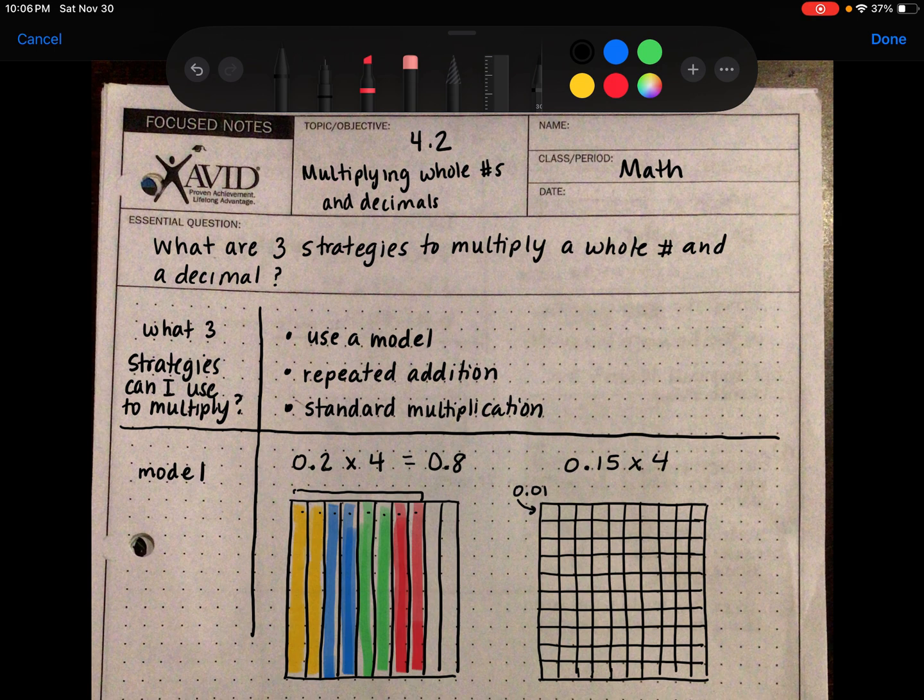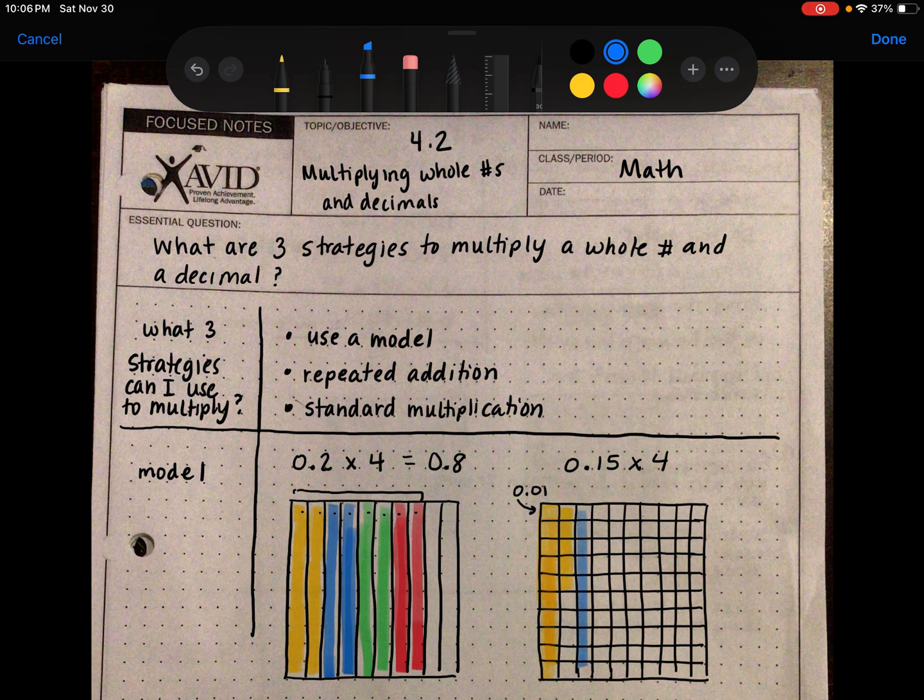I actually am going to shade in, so each one of these little boxes right here is 1/100th, and I need to do 15 of them. So I'm going to start with my yellow, and I will shade in 15. Now I already know that one entire line down is 10. So I have 10 plus 5 more would be 15.